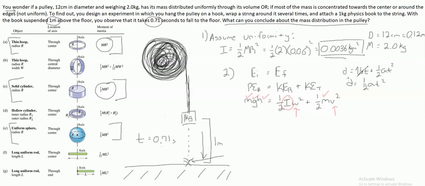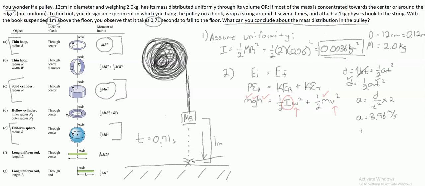I know distance and I know time, so I'm going to figure out the linear acceleration of the block. That means a is going to be 2d divided by t squared. Okay, that's going to give me an acceleration of 3.96 meters per second squared.